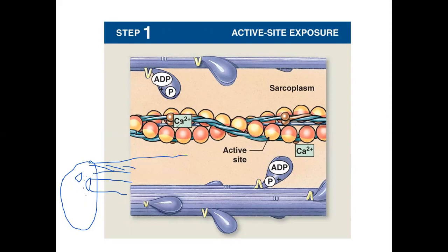Thank you. Welcome. So now we are going to go through the mechanism of contraction. I told you it is very important for you to understand the structure so that you can understand the mechanism of contraction.